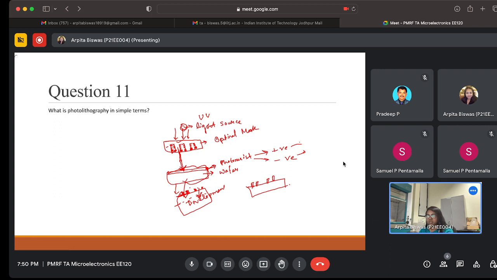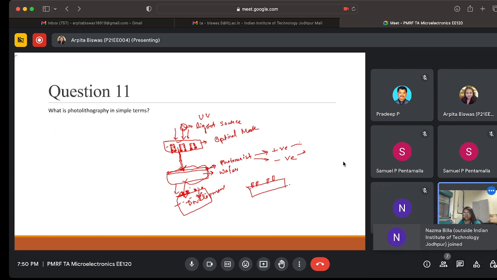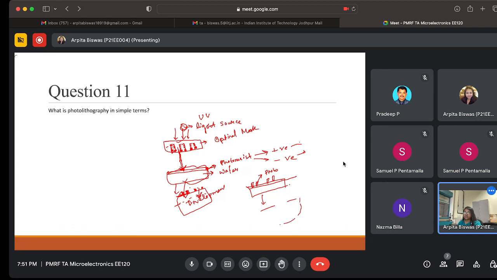and there is an oxide layer present. Okay, this is the oxide layer. This is the photoresist. And what happens after that? After that you dip it into some solution for the etching. For the oxide layer you can etch it out by dipping in HF solution.